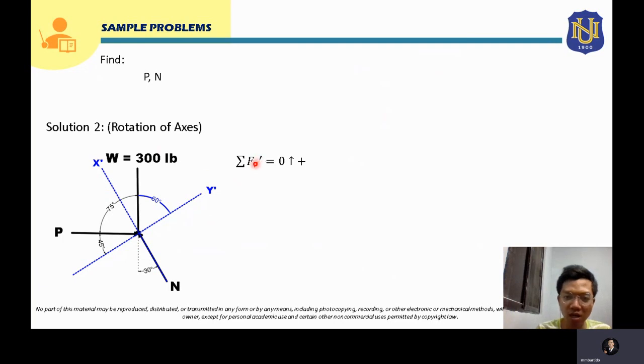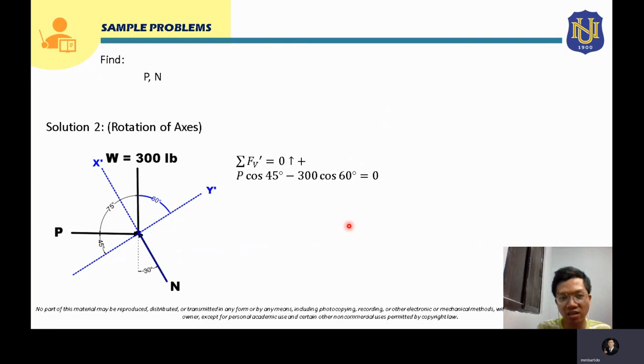So we will start summing up the forces vertical with respect to the new y-axis, starting with P. Its angle is 45 degrees from the vertical, so its vertical component will be P cosine 45 degrees. Since it is directed upward, it will be positive here. Now for our 300-pound force, its vertical component will be 300 cosine 60 degrees since its angle is from the vertical. It is directed downwards, so it will be negative here.